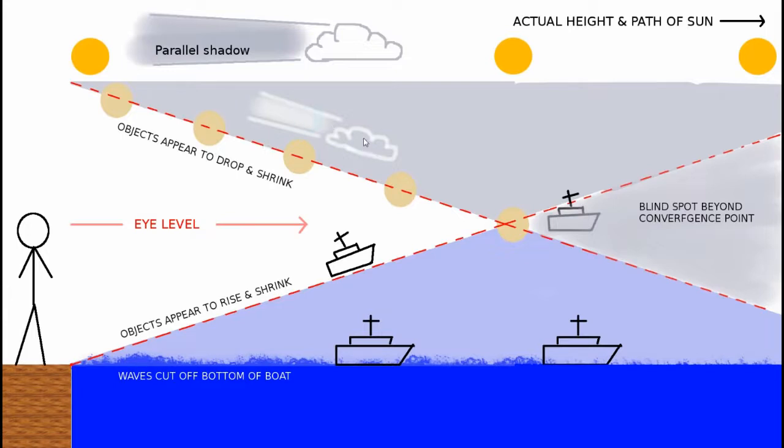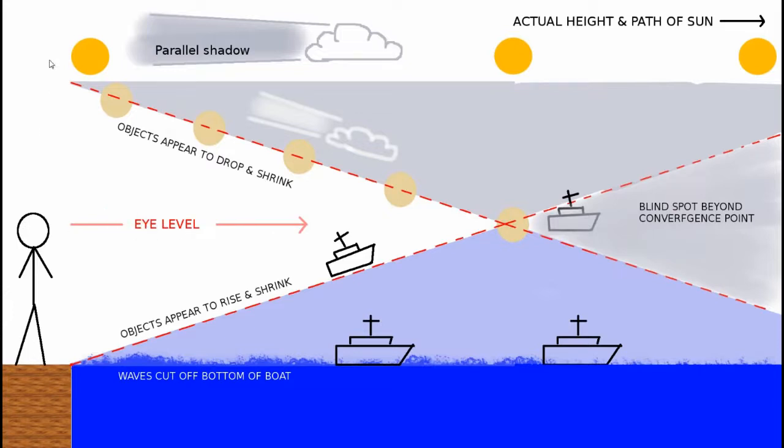So here we have the clouds, or the cloud and its shadow represented here, and this would be almost like looking down the base of a glass triangle, pyramid or prism, and we are looking down towards the cone. So the cone end, or the tip of it, is where the convergence point or the convergence line and the horizon appear, right in the middle there, always at eye level.